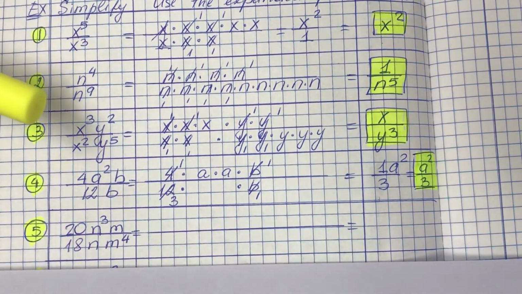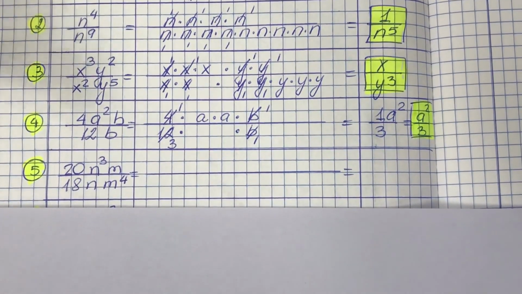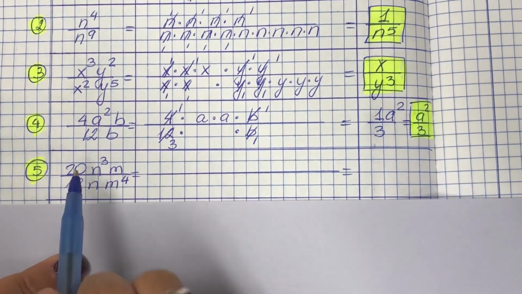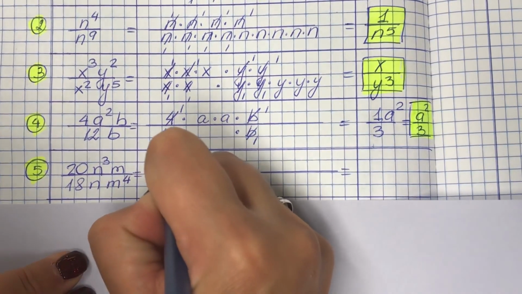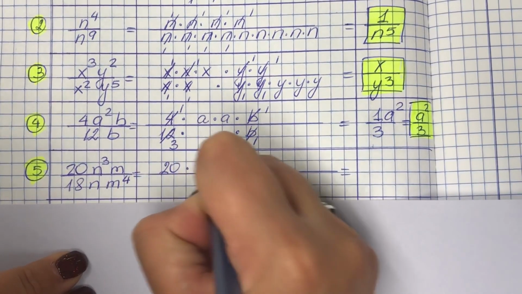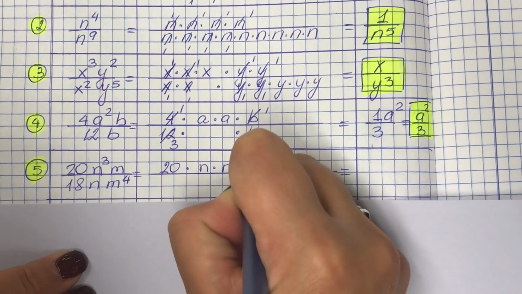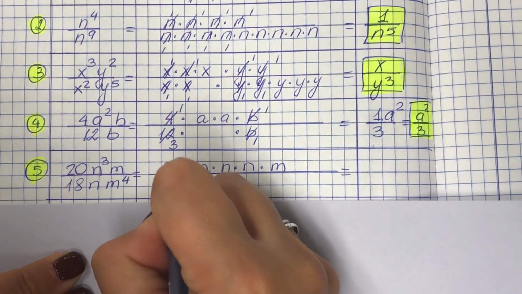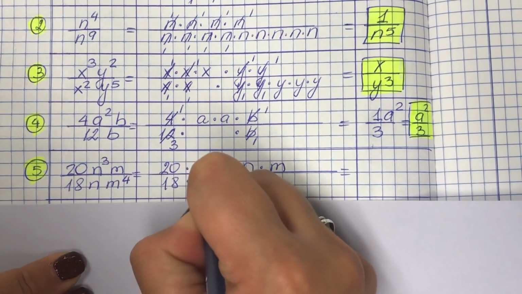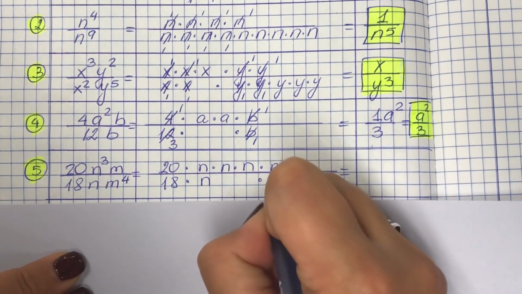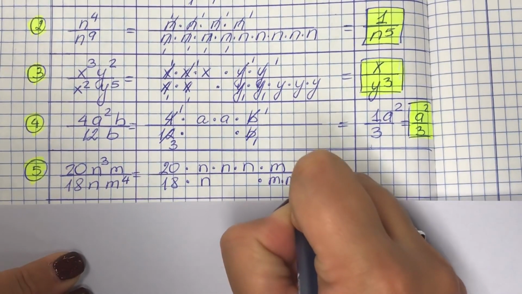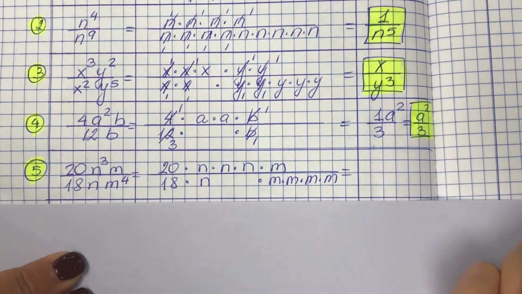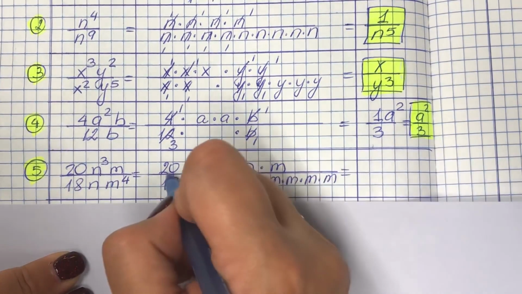Let's see another example with coefficients or numerical bases, and variables. So we have 20 times n multiplied by itself 3 times, times m. 18 times n 1 time, and then m 4 times. 20 and 18 can both be divided by 2.